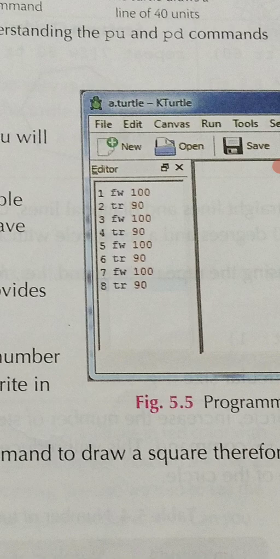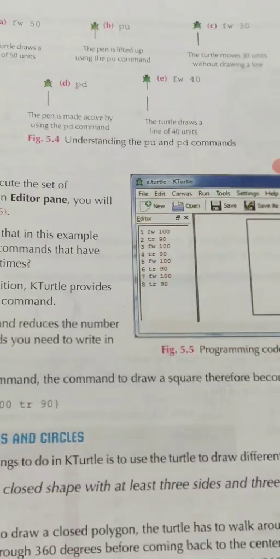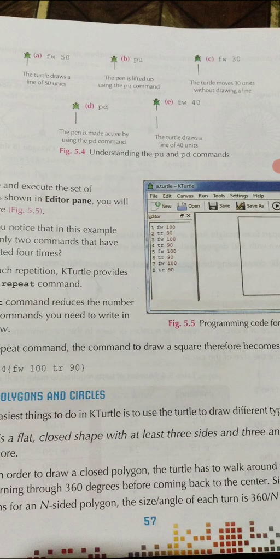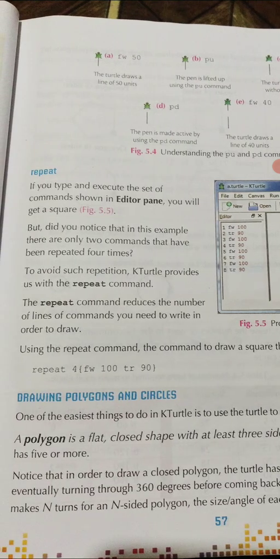Have you seen this picture? Then again TR, you see how many times it is repeated. The TR command is also repeated 4 times. So as the FW and TR commands have been repeated 4 times, what can we write here? Look here: repeat 4 FW100 TR90.